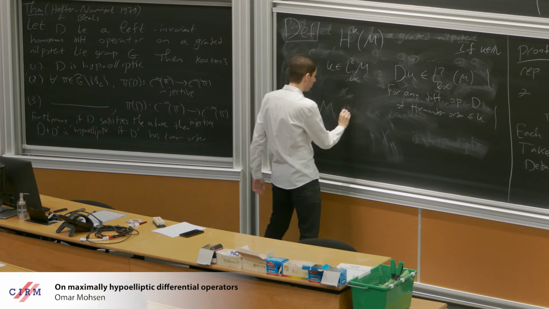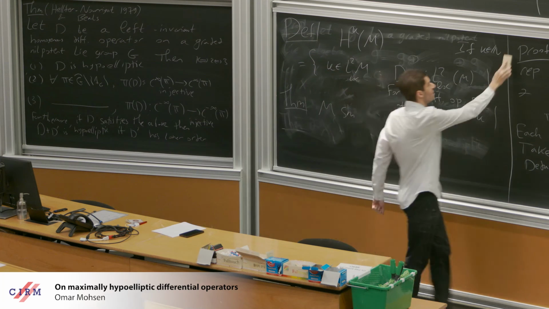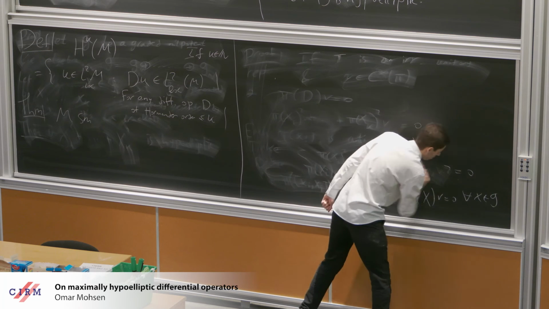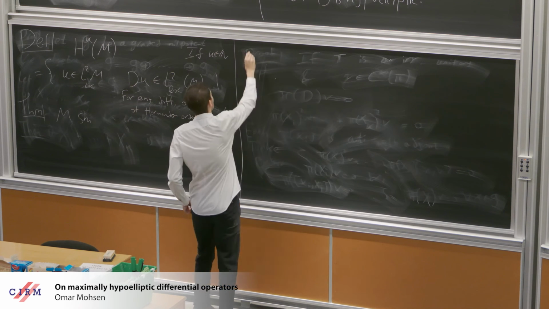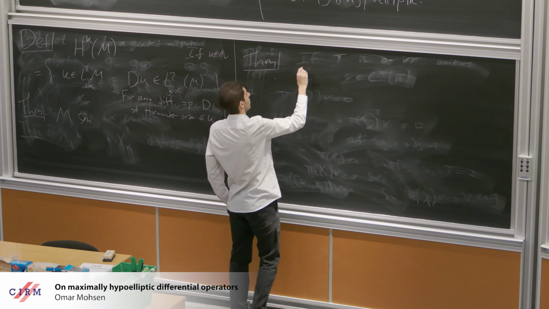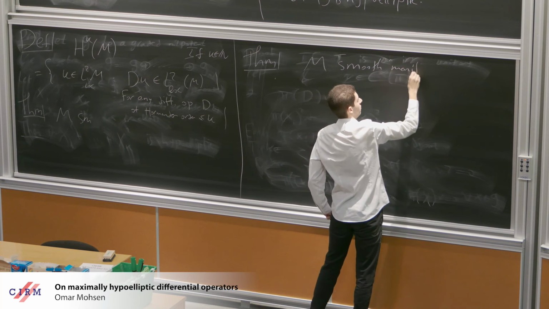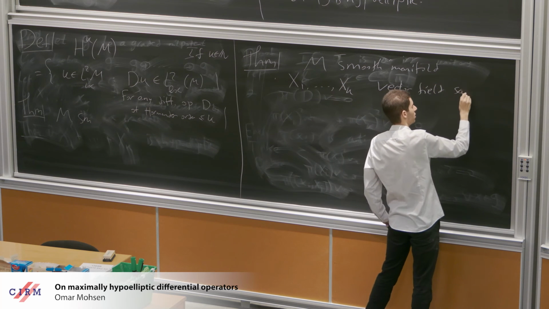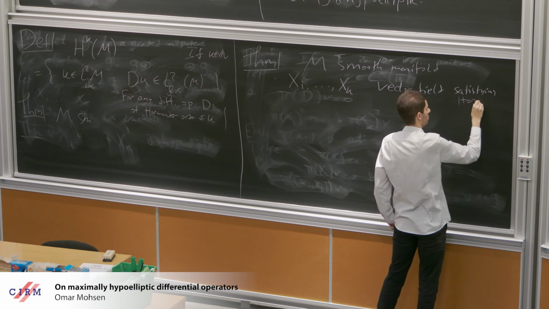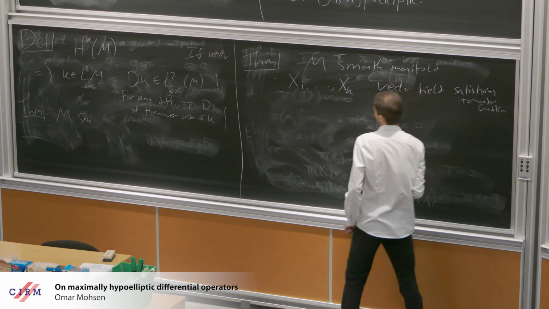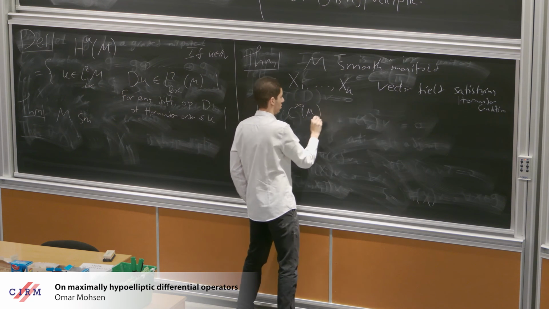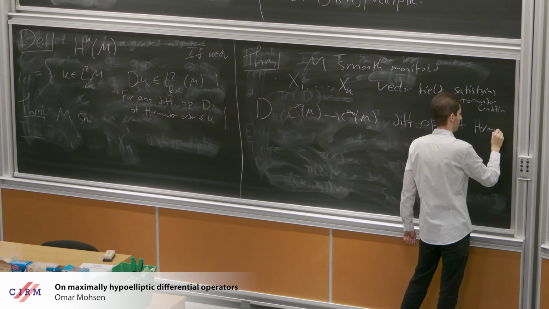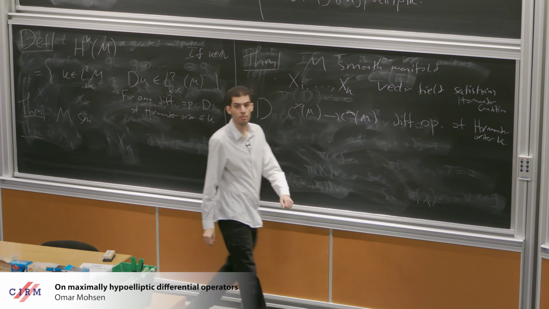Theorem: M is a smooth manifold and X1, ..., Xk are vector fields satisfying Hormander's condition, and D is a differential operator of Hormander order K. Then the following are equivalent.